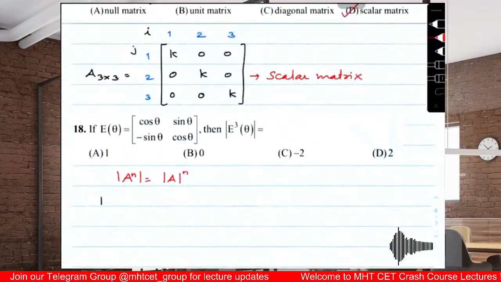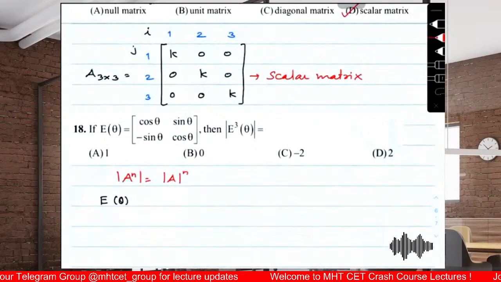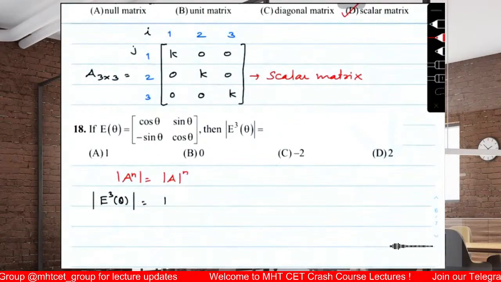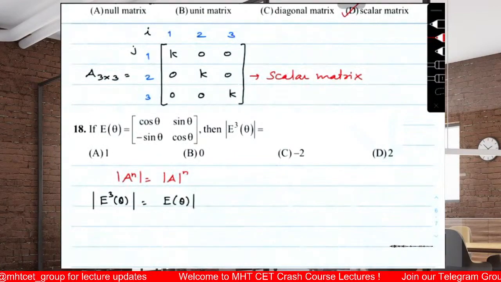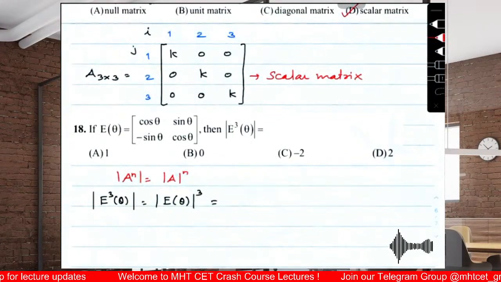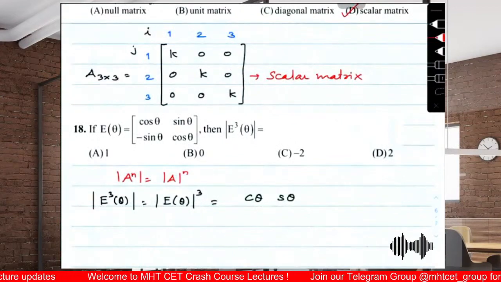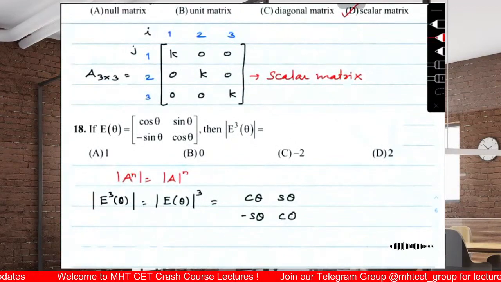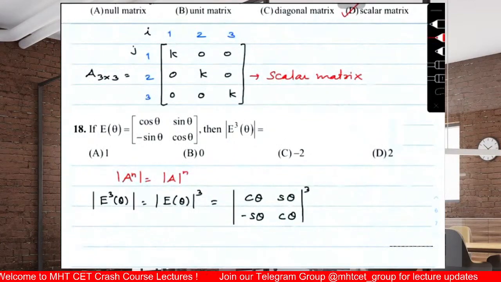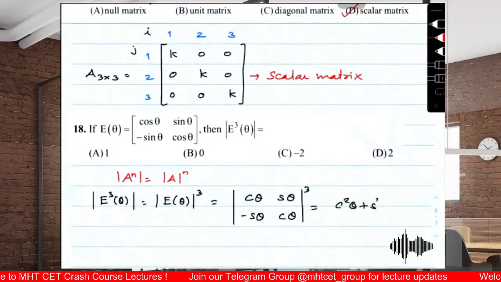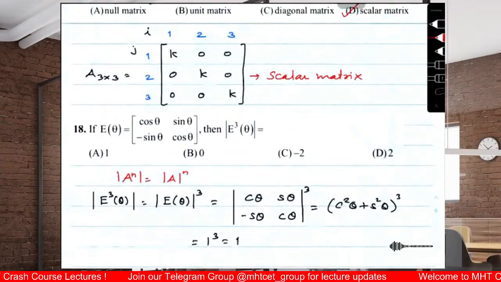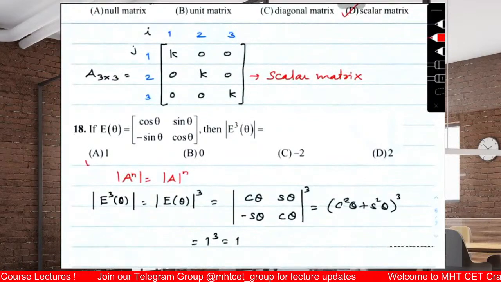Okay, so उन्होंने बोला है E theta का cube, that will be same as determinant of E theta the whole cube. Okay, so determinant of E theta is determinant of cos theta sin theta minus sin theta cos theta, the whole cube. This is cos square theta plus sin square theta, the whole cube. That is 1 cube, that is 1. Answer is A.